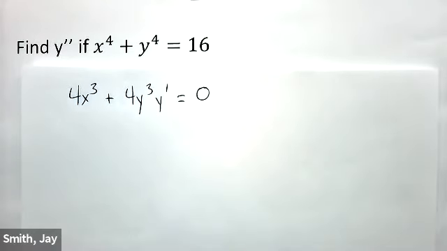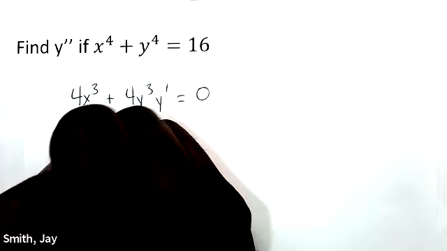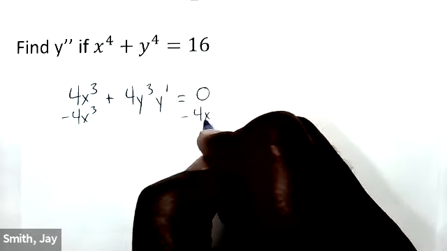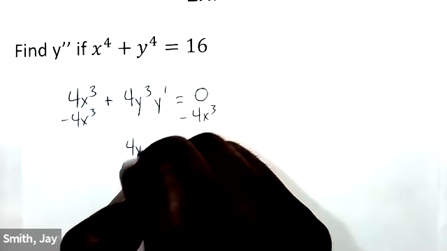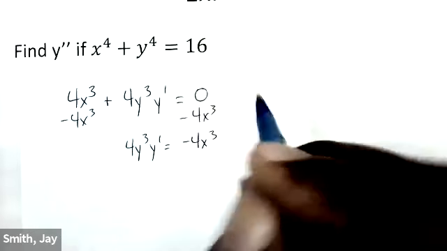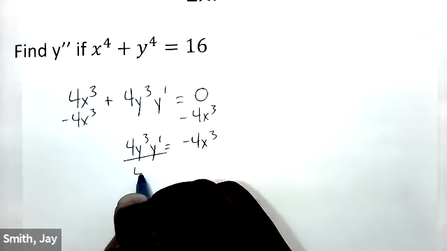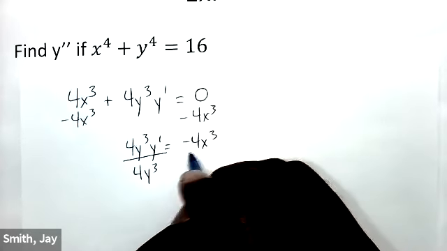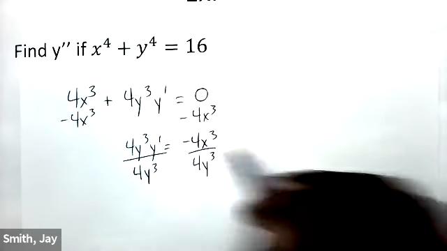Now we can solve this for y prime by subtracting 4x cubed from both sides. So that gives me 4y cubed y prime is equal to negative 4x cubed. And to get the y prime by itself, we must divide both sides by 4y cubed.